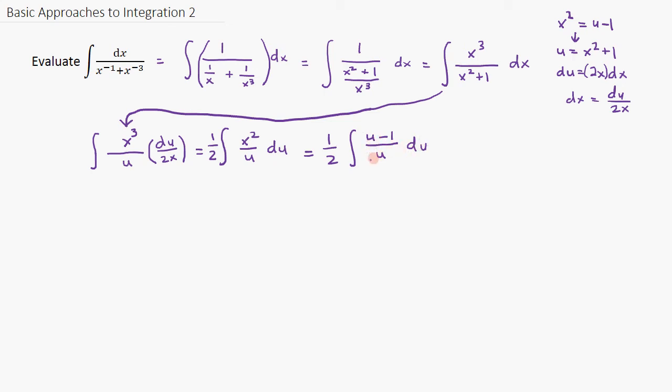So now we're ready to try to find the antiderivative. So let's distribute the u. So u over u is 1. 1 over u is 1 over u.